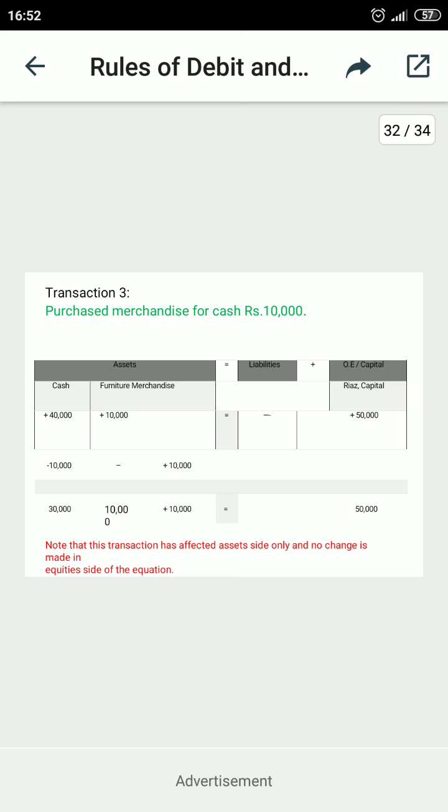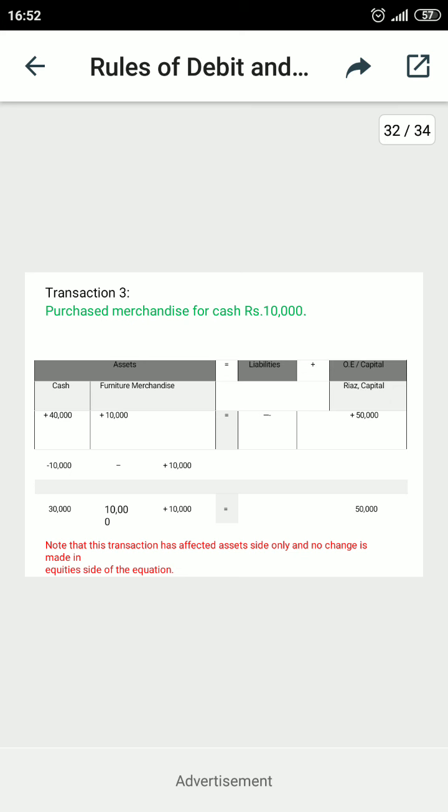So you may observe the equation forwarded first, and now the next data, this is the total balance. The new transaction is purchase of merchandise for cash of rupees 10,000. The word merchandise refers to stock in goods. When the goods are purchased for cash, cash is decreasing, 10,000 is gone down, and the stock is increasing by 10,000.